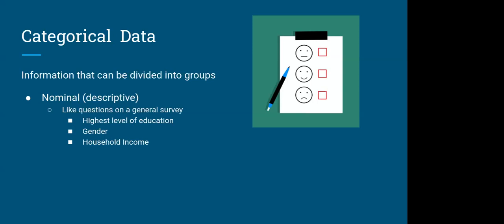Okie dokie. All right, so let's rock and roll. All right, so in our discussion we will be talking about, like I said, two different types of data. Categorical data is the first type. So now, categorical sounds like what word that we already know?